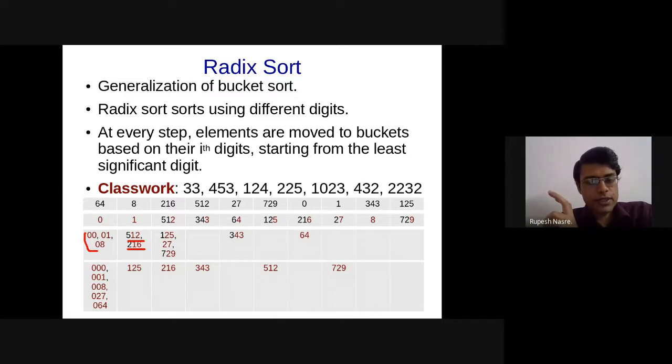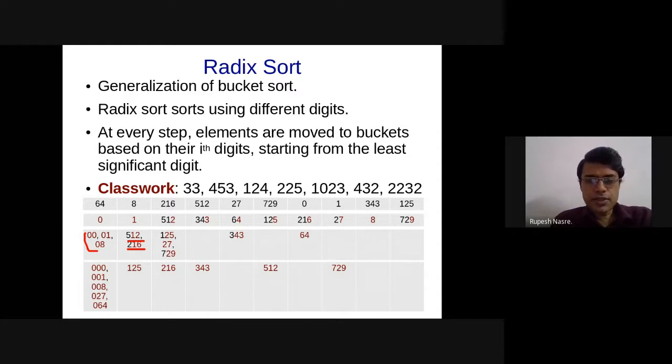That is one advantage. The other advantage, if there had been some other number, let's say 1064, that would have appeared here, but it would move to bucket number 1 only later, after you have looked at 125, for example.